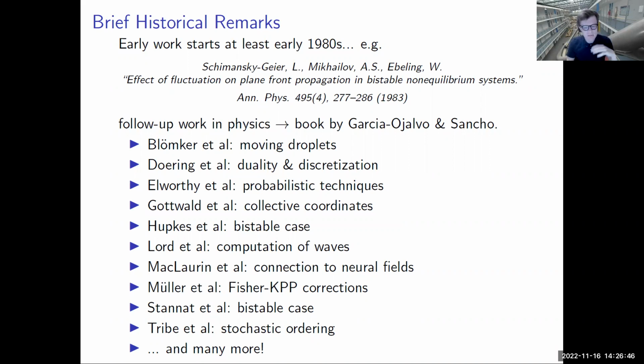People looked at the bistable Nagumo case a lot. And there's lots of work on stochastic traveling waves that might be a bit hidden in the literature. So let me point out there is plenty, but still the area is evolving. Probably the number of papers is still on the order of 50 or 60 in the area that you need to know.